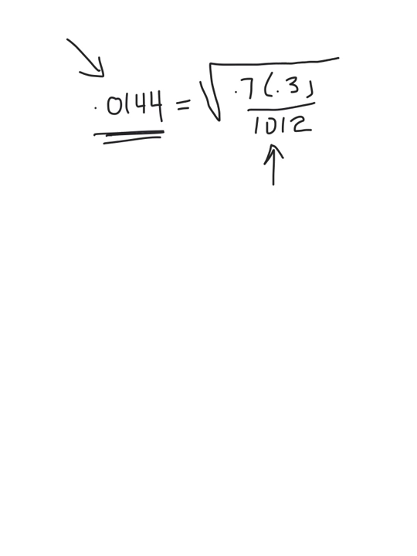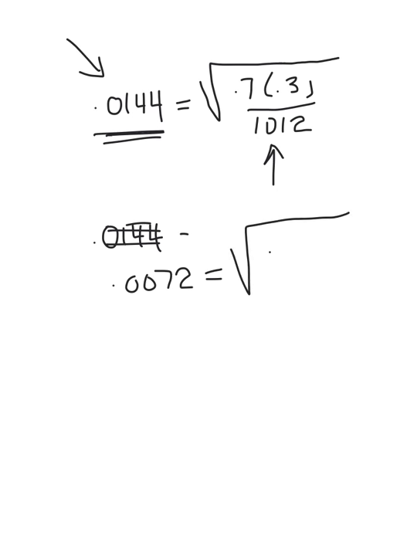But I could solve this using algebra. 0.0144, half of that is going to be 0.0072, equal to the square root of 0.7 times 0.3 over n, and just figure out what n is. So you try that problem.